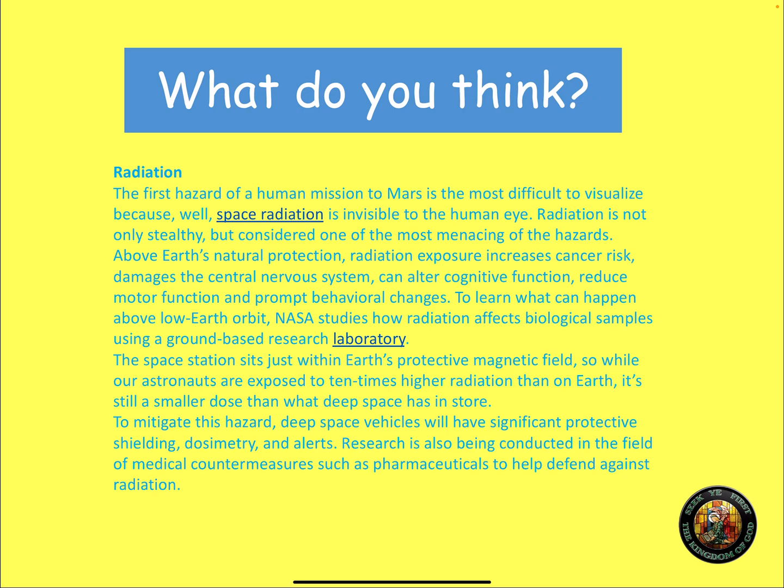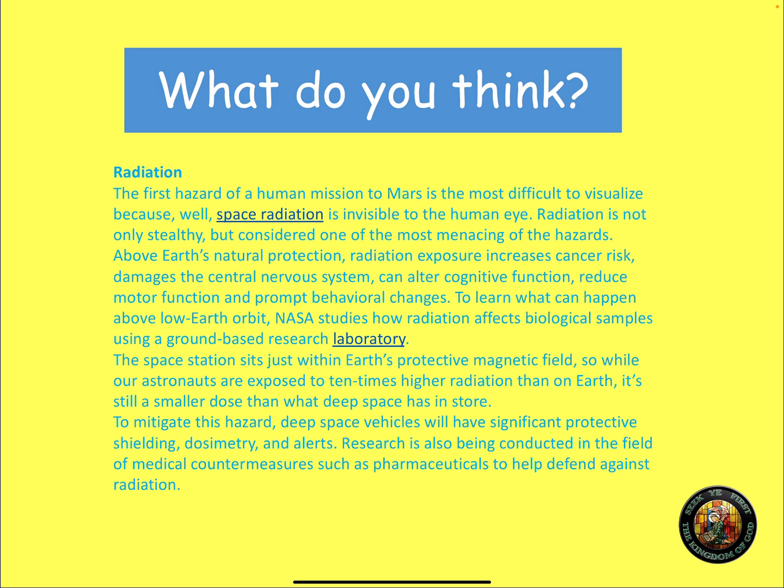Now, to learn what can happen above low Earth orbit, NASA studies how radiation affects biological samples using a ground-based research lab. The space station, which sits just within the Earth's protective magnetic field, so while our astronauts are exposed to 10 times higher radiation than on Earth, is still a smaller dose than what deep space has in store.